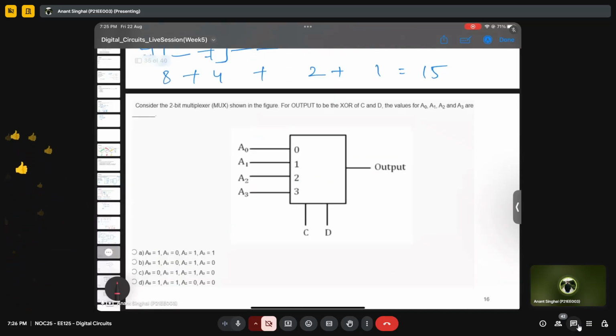So it says consider a 4-to-1 multiplexer shown in the figure, for the output to be XOR of C and D, the values of A0, A1, A2, A3 will be.